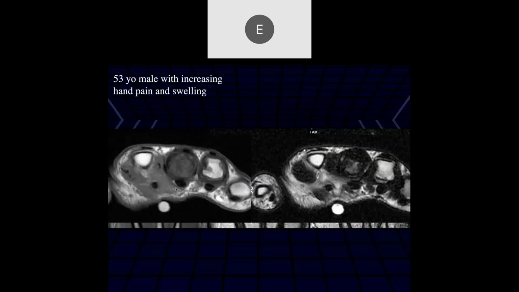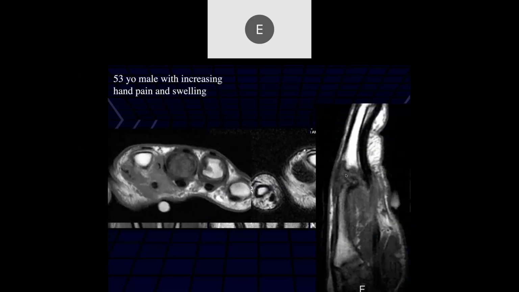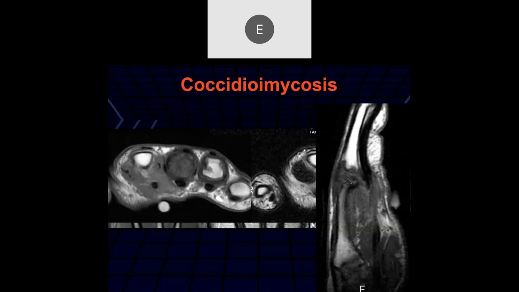There's more fluid extending from that joint, I think. Again, bony destruction. I'd be worried about infection. Yeah, and this turned out to be coccidioidomycosis.